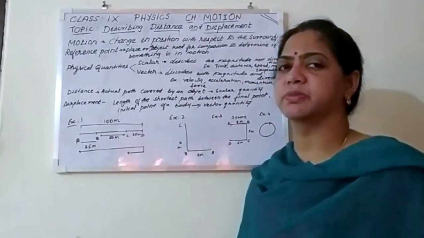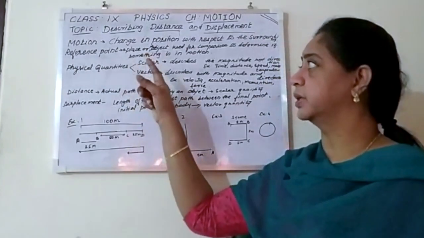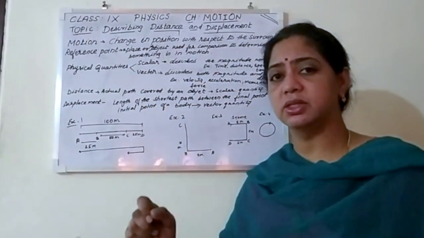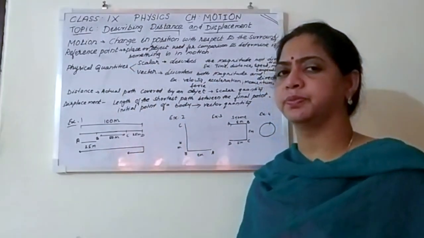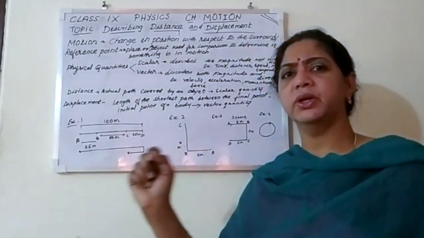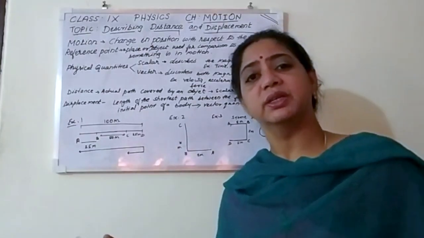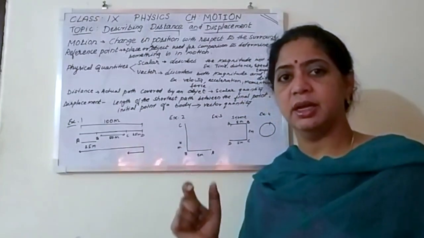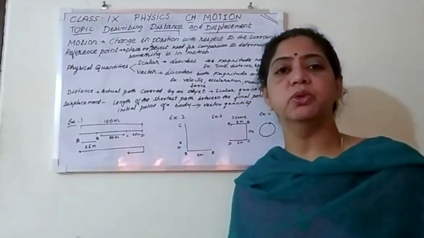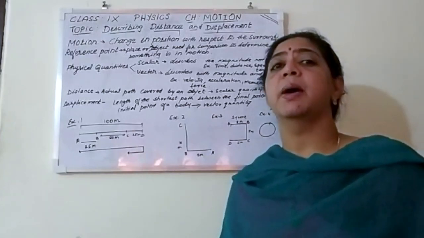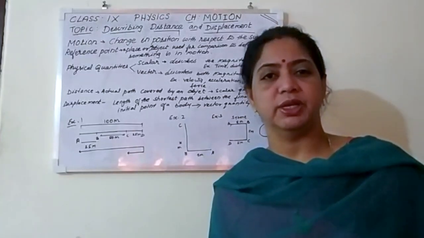What is displacement? In this topic, we are going to discuss distance and displacement. If an object is moving in a straight line, the distance and displacement are the same, right? But if the object is moving in a circular path or any other path, distance may not be equal to the displacement.